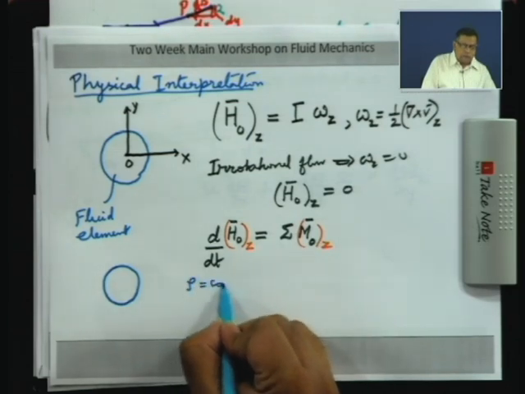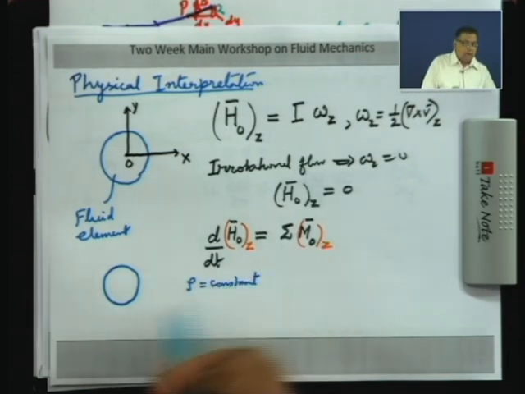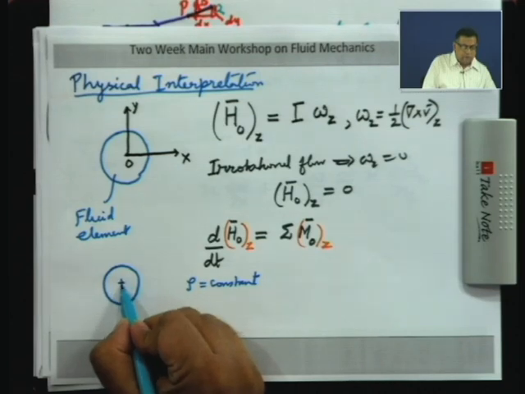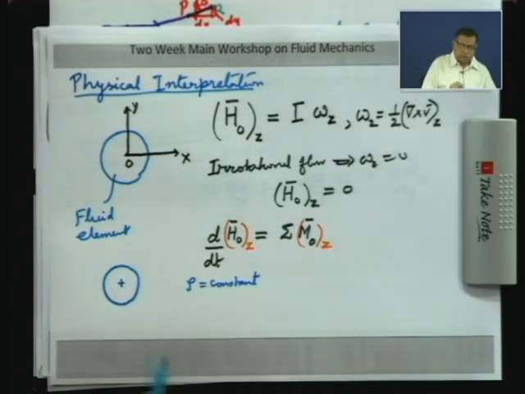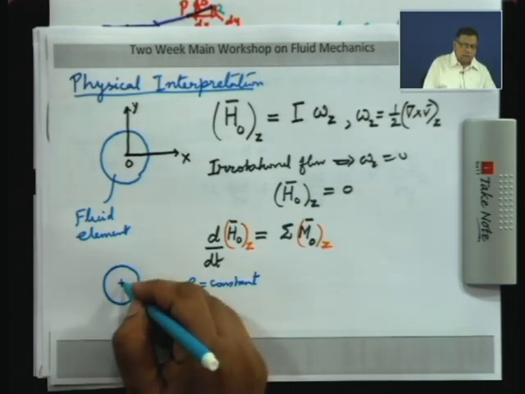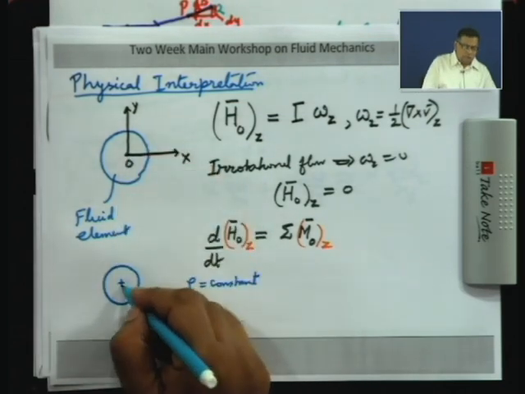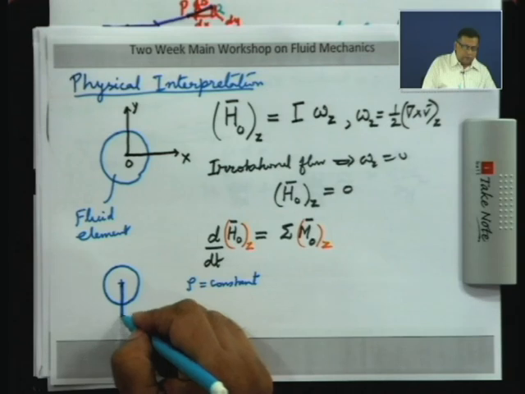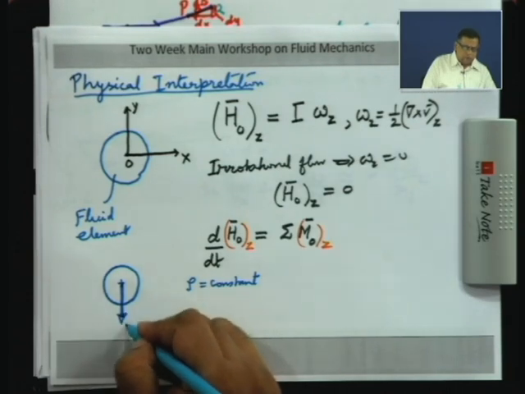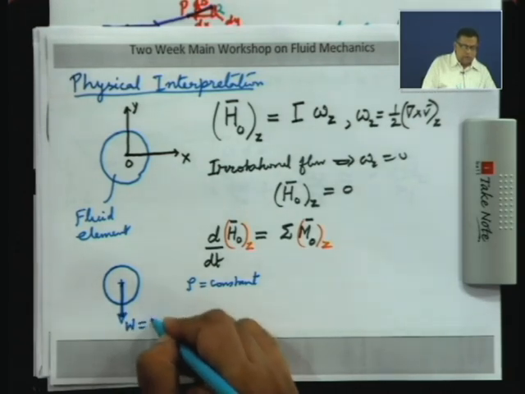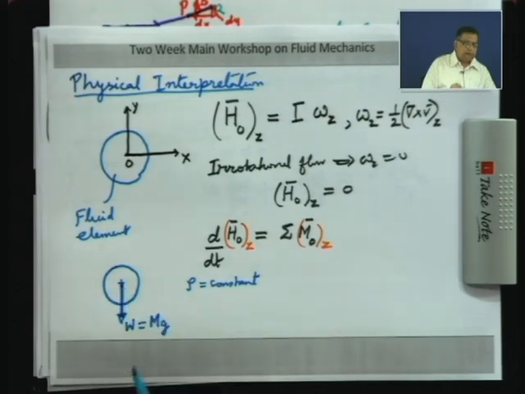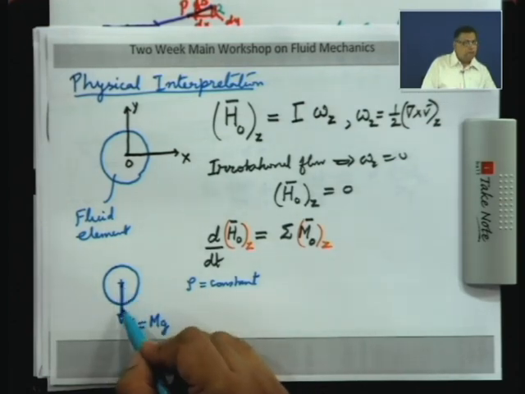So, if rho is constant, we know that the center of gravity will be the centroid here, which is the geometric center, that means it will be at O. So, we can show the net effect of gravity as a concentrated force, which you can call the weight, which is mass of the fluid element into g, which will act at the center. Now, this force is not going to exert any moment about O, because it is passing through O.